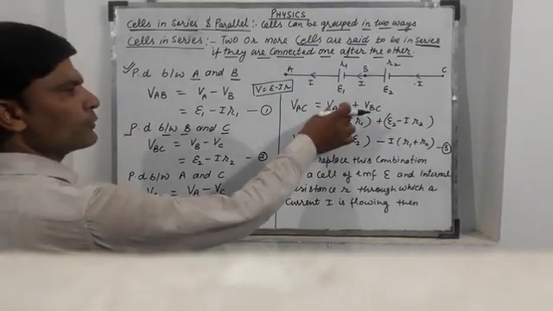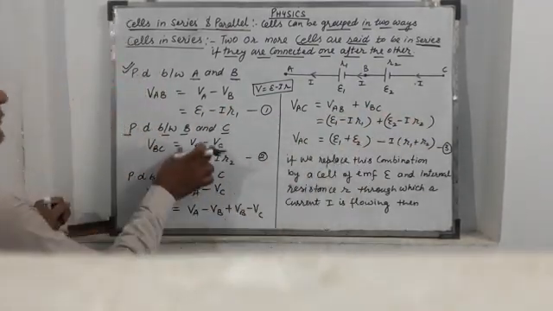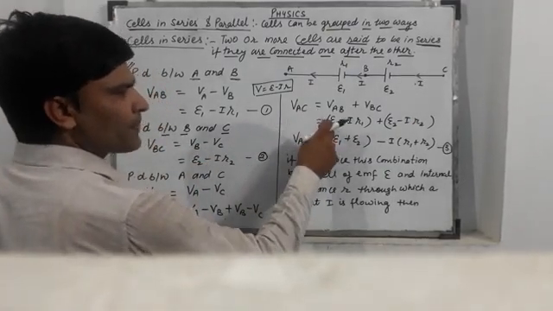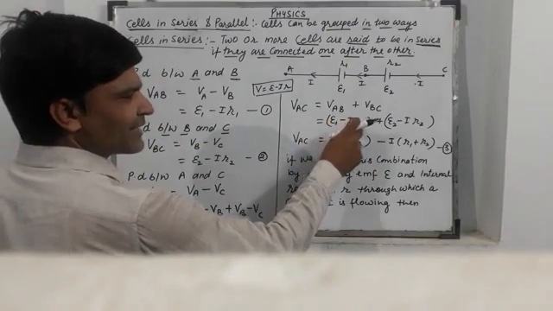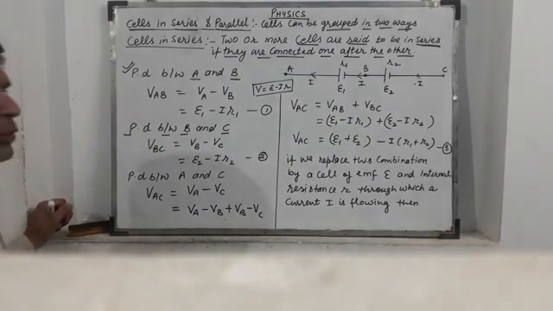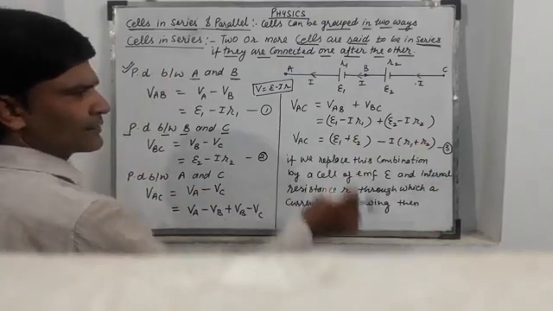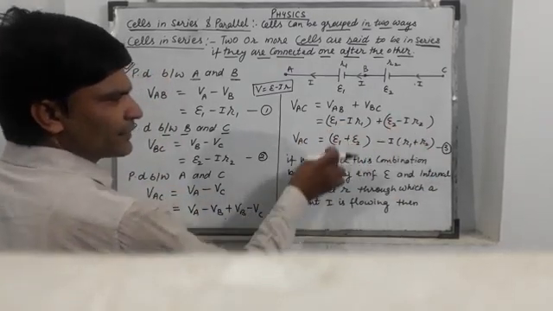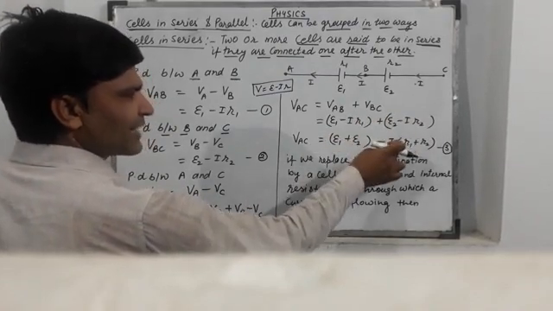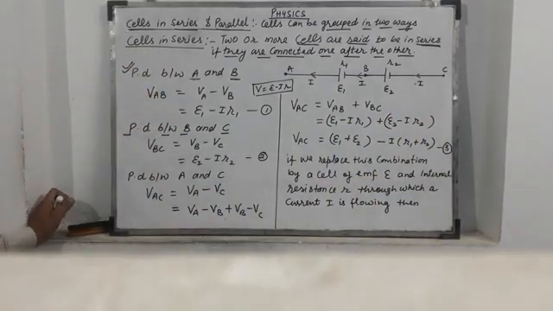Putting the values from equations 1 and 2, we get VAC is equal to E1 minus IR1 plus E2 minus IR2. Separating EMF and internal resistance, we get E1 plus E2 minus, because I is common, I times R1 plus R2. This is equation number 3.